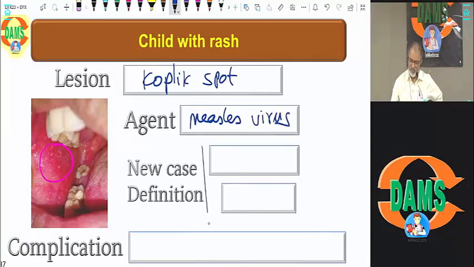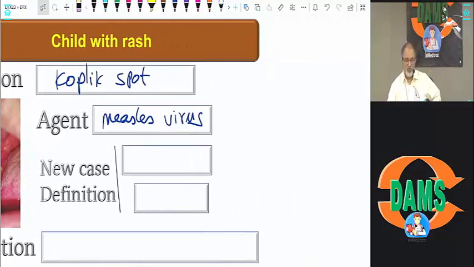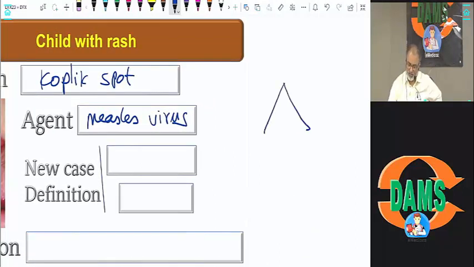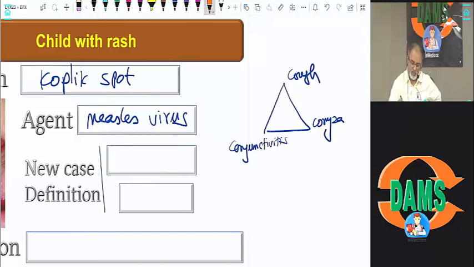What is the new case definition? The old case definition was cough, coryza, conjunctivitis. CCC.